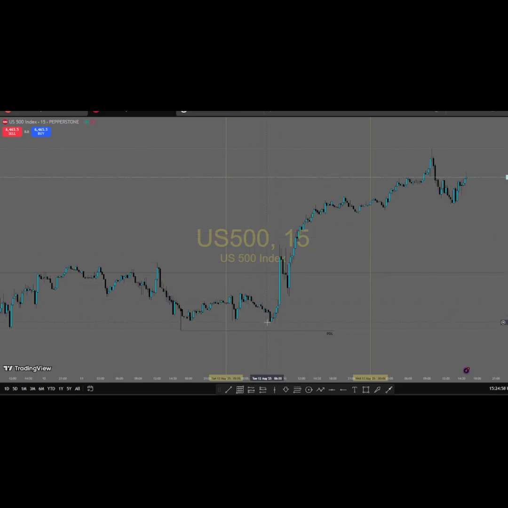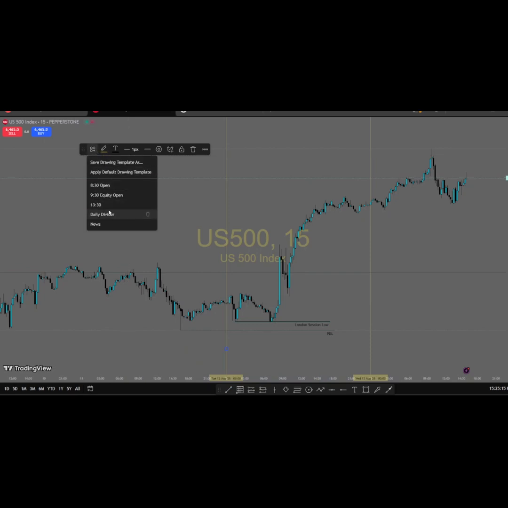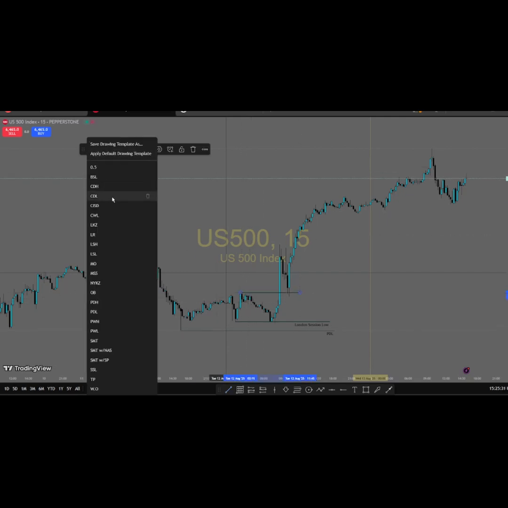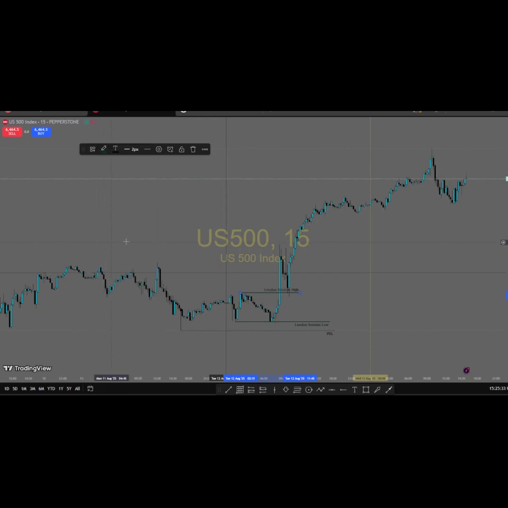Okay. So I will come and pick the London session low. Remember, this vertical line is my daily divider. It's my midnight open line. And then I will mark my London session highs, just as I've mentioned earlier in the video.